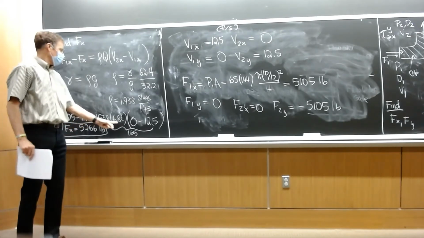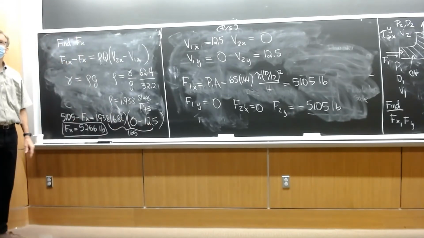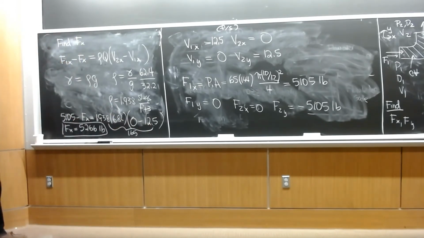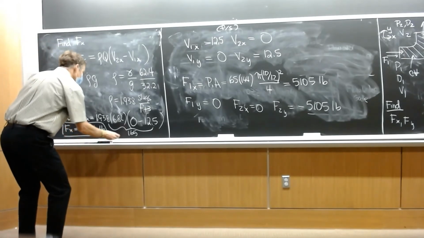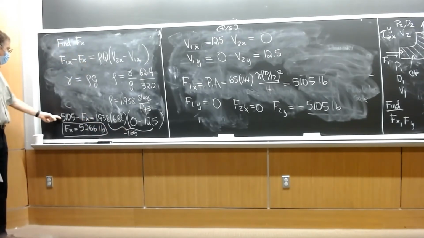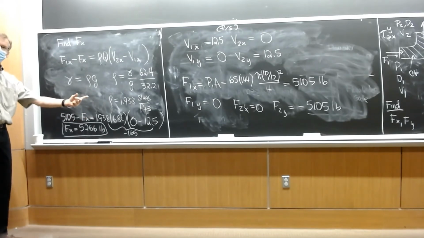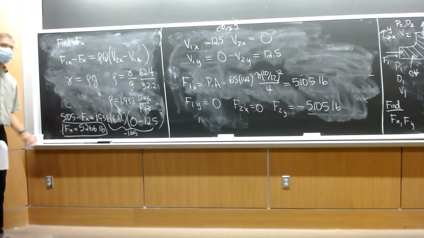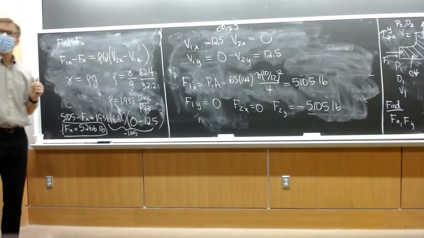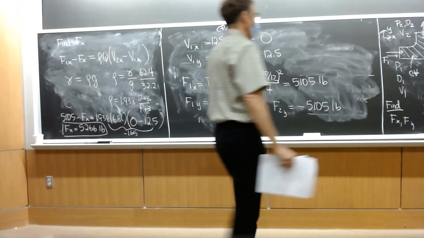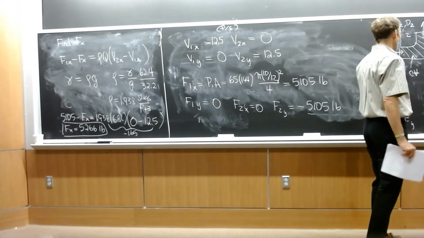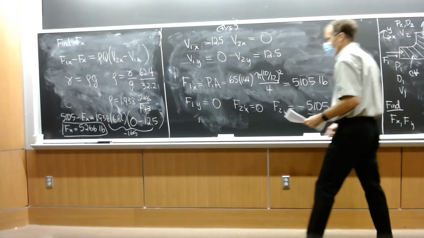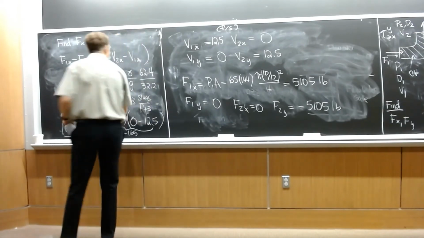Yeah, negative 165, because that'll be negative 5105 when you move it over, and then you divide by minus 1, and you get that. So it is correct that the bend puts a force on the water to the left of 5,266 pounds.